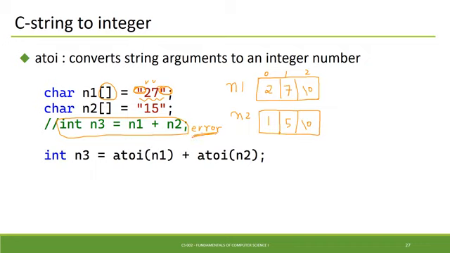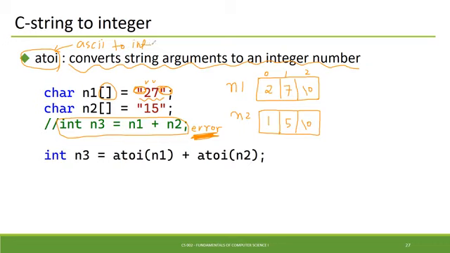In this case, you should convert string data to an integer. atoi is from ASCII to integer. ASCII means it's a number.